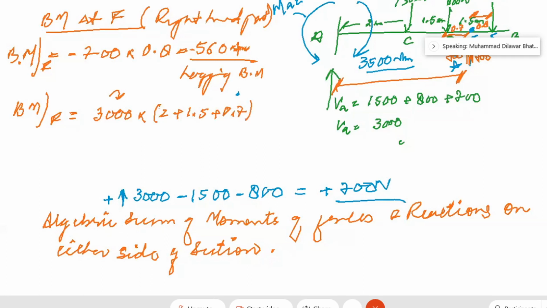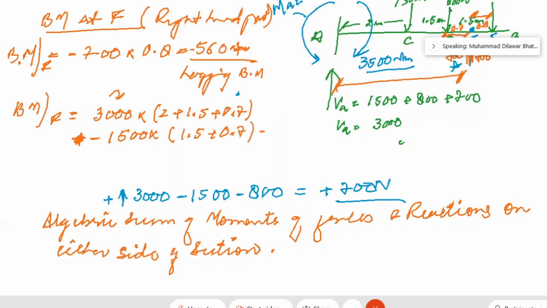Then there will be an anti-clockwise moment, so it will be negative. Clockwise is positive here, so it will be 1500 into the distance left, that means 1.5 plus 0.7.